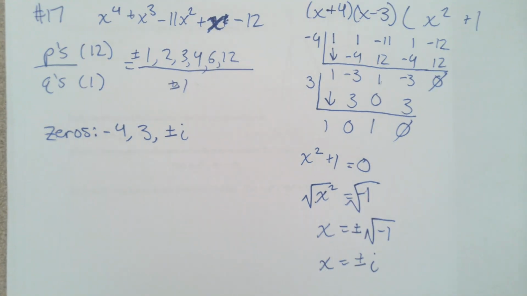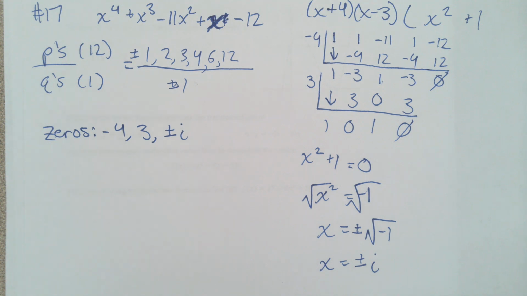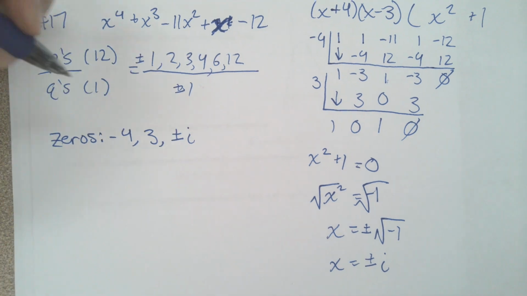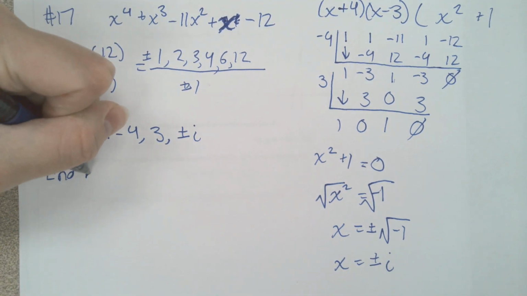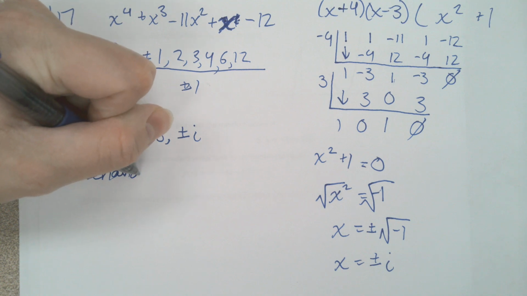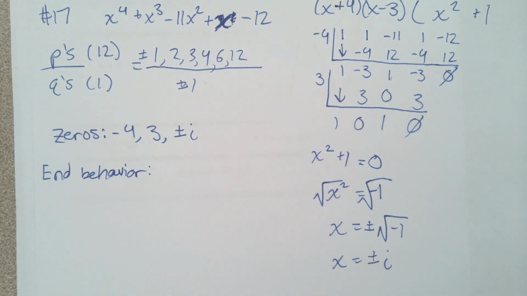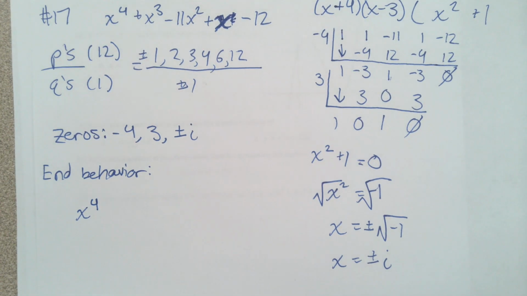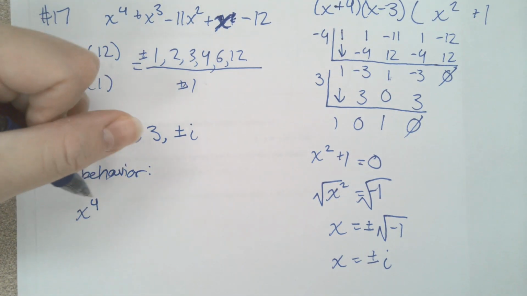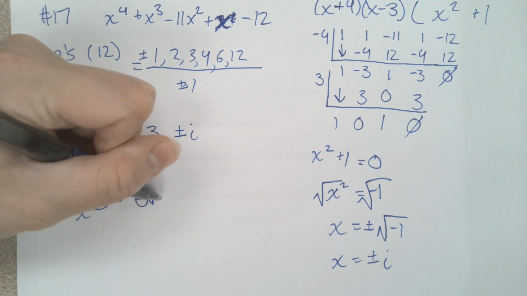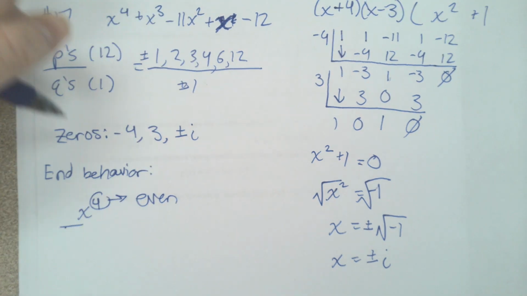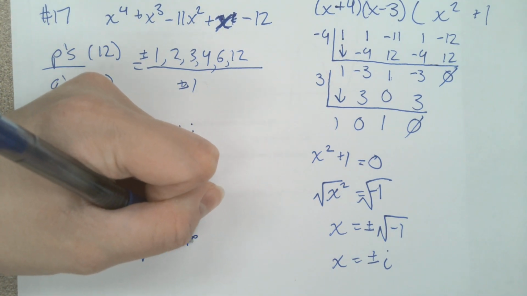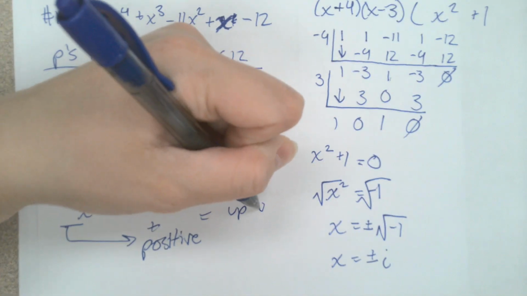Okay. Then they still want us to do domain, range, and end behavior, so let's do that. So end behavior, we have x to the 4th. So we've got an even, and then it's like a 1, so we got positive. So that is up and up.